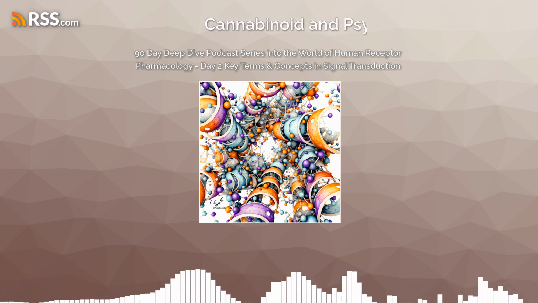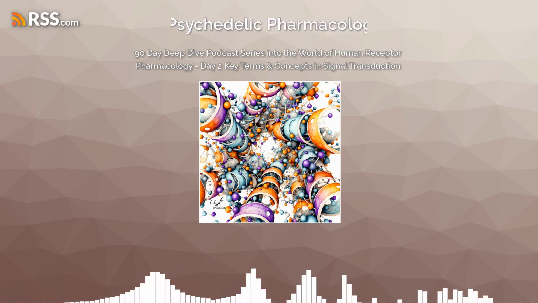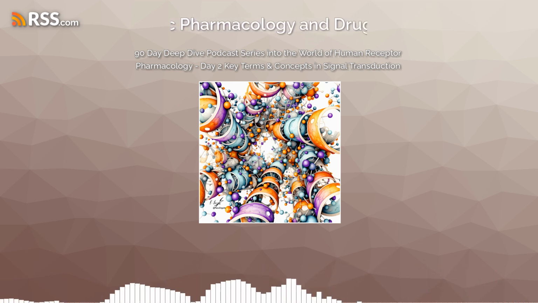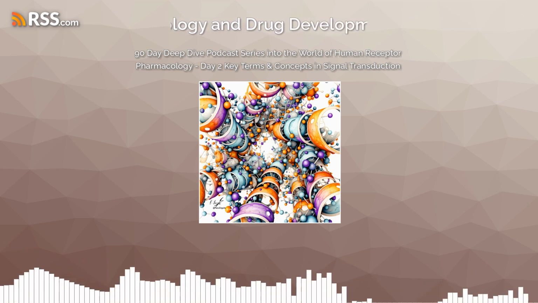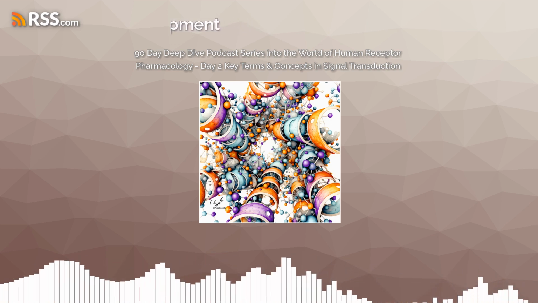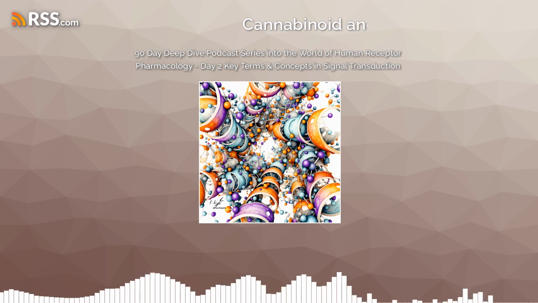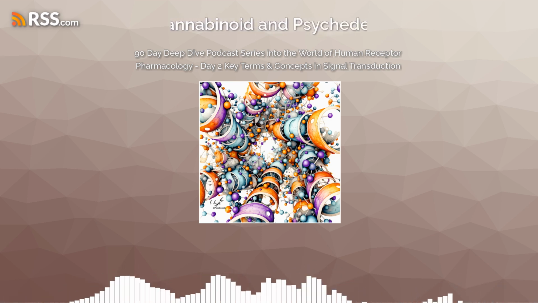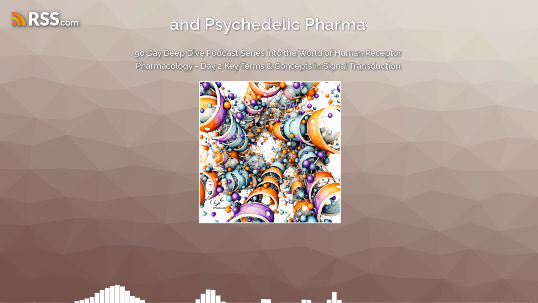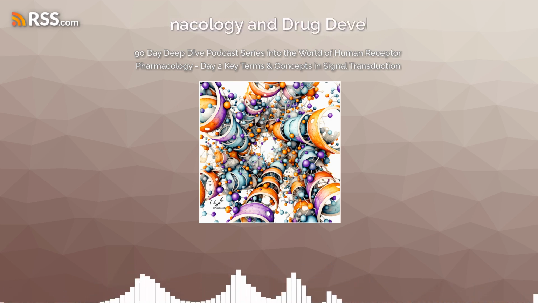And this allosteric binding can really subtly influence the receptor's activity in a variety of ways. So instead of directly activating or blocking the receptor, an allosteric modulator is more like tweaking the receptor settings. Yeah, that's a great way to put it. They can enhance or reduce the effects of those agonists or antagonists. They can even change the receptor's affinity or efficacy.